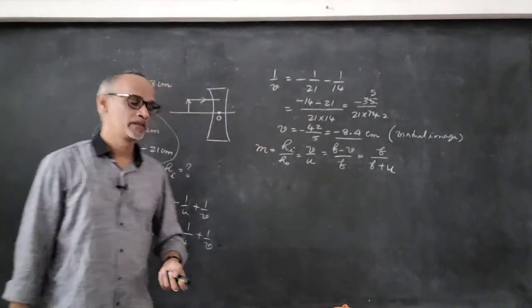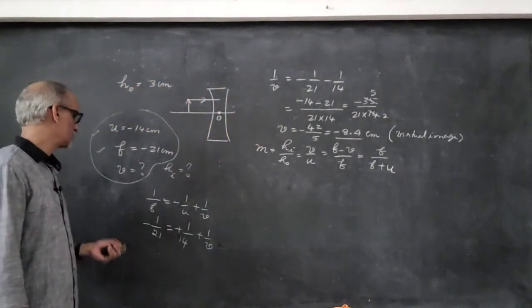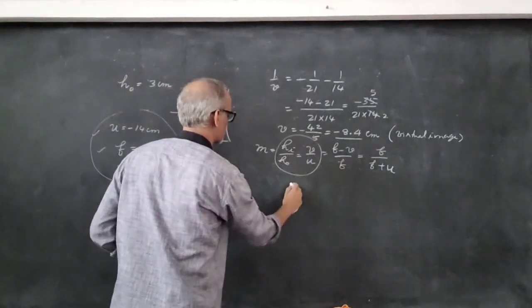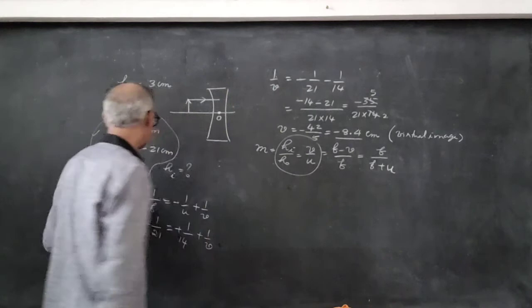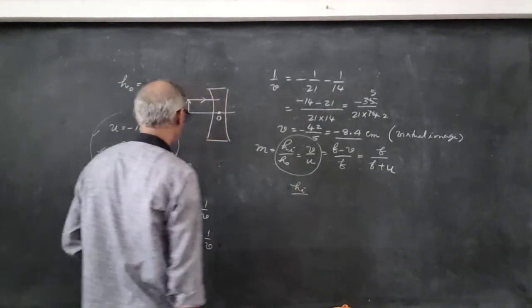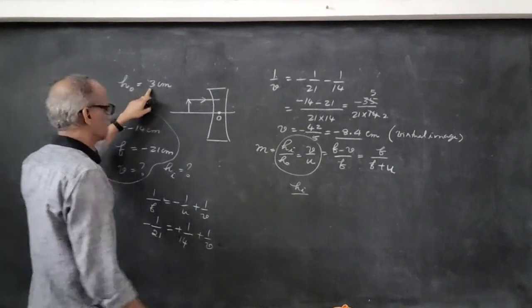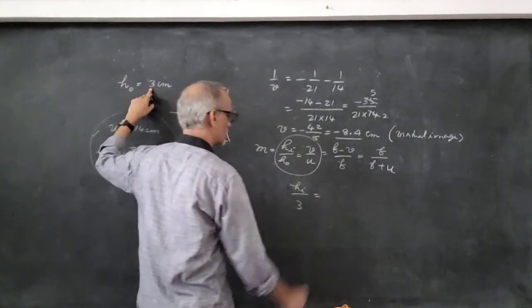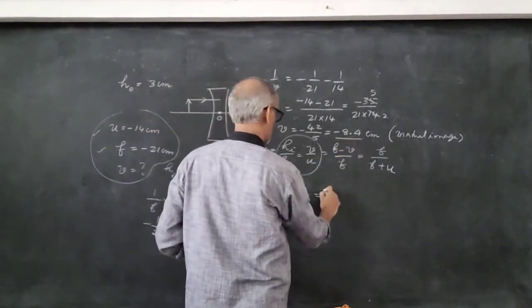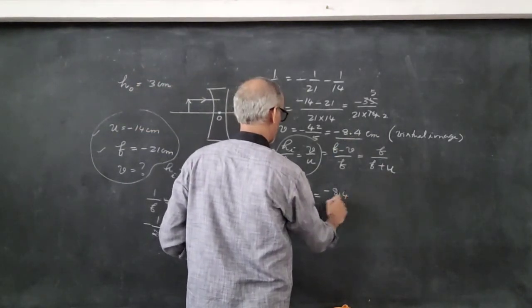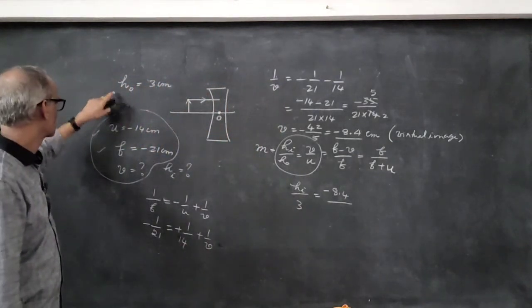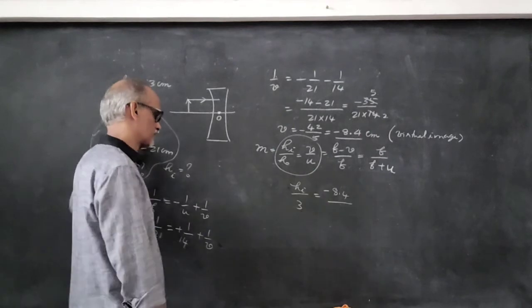Then we need to find the height of the image. So, I will use this relation. Height of the image, hi, we need to find, and ho, the height of the object, is given as 3 centimeter. That is equal to image distance, minus 8.4, by object distance, minus 14.